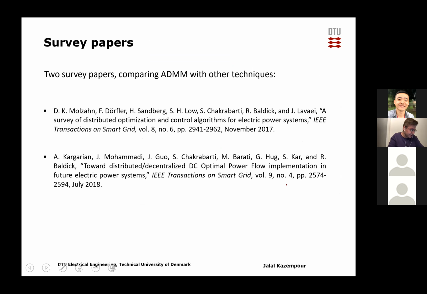Yep. And then there are two nice survey papers in the literature. Both of them are a survey of distributed optimization techniques for power systems. Just one thing, sometimes you see that people differentiate distributed and decentralized.